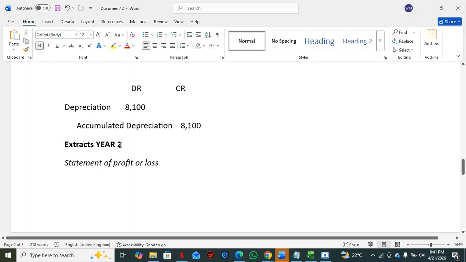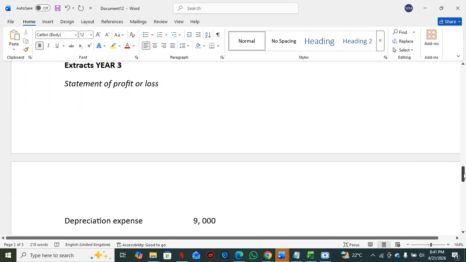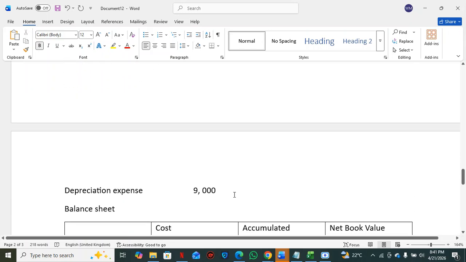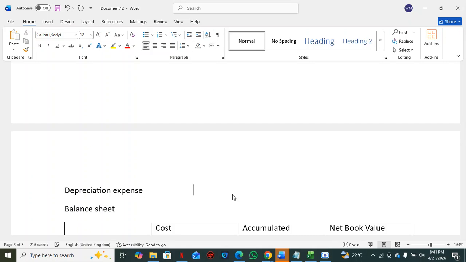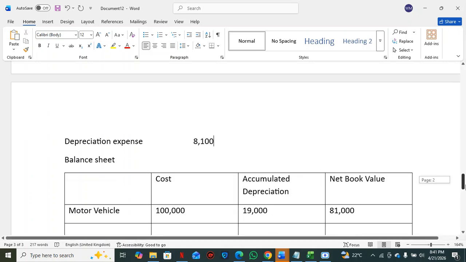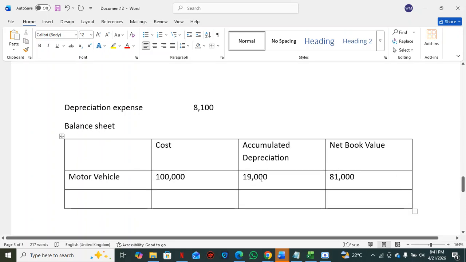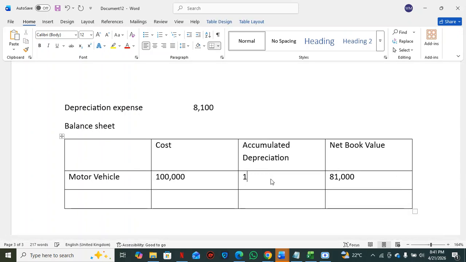So the extracts of the statement of profit or loss: depreciation expense, you're going to put here 8,100. Accumulated depreciation is now 27,100.